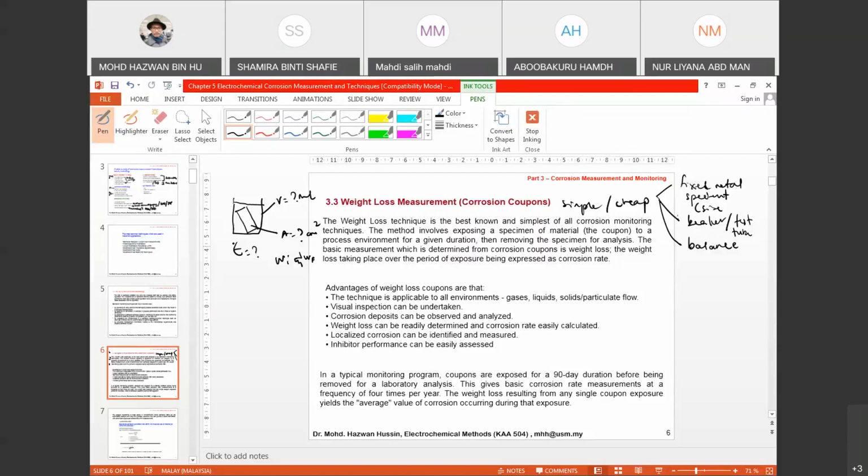So what are the outcomes that you can get from weight loss measurement? You can get the corrosion rate.